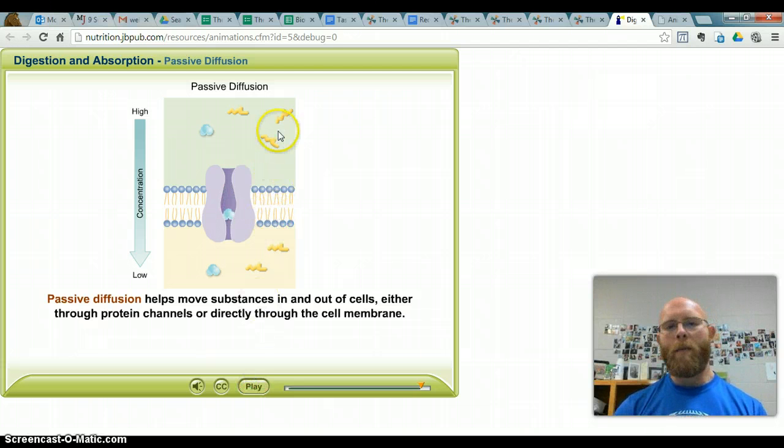Now you can see these things here represent lipids or fat-soluble molecules, and they can slide right between these phospholipids in the membrane because they are nonpolar, just like these tails are nonpolar. Anything that is polar or has a charge has to use a protein channel or a gateway or a doorway or a bridge, if you want to call it that, to get across. Because again, anything with a charge will not be allowed to pass through this nonpolar region.